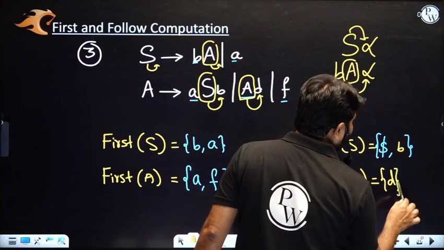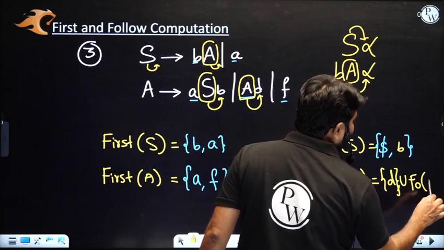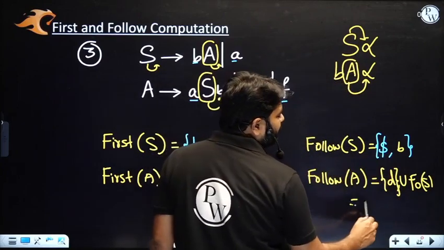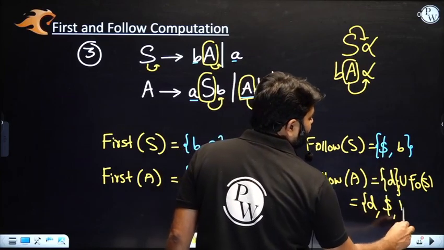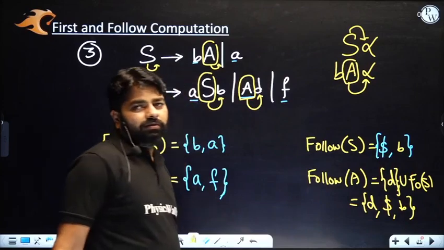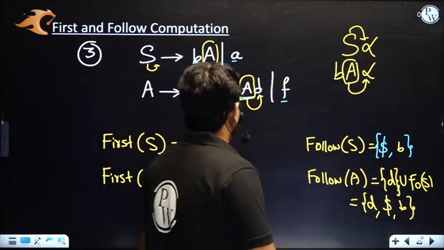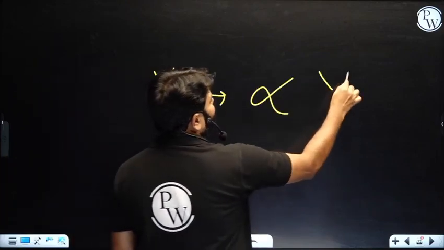You already know that, right? Follow of S. I am just writing the short form FO of S, meaning follow of S. What is the follow of S? Already computed. So that is dollar comma B when you do the union. Fine. So we have a new concept here. What is that new concept? When you see something like this, X derives something, and here Y is there.